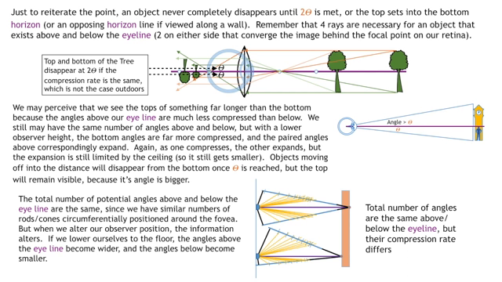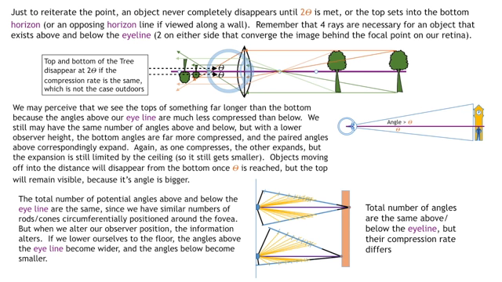So remember, you need 4 rays for an object that exists above and below the eye line. You need 2 on either side that converge the image behind the focal point on a retina. So within those 4 rays, you need 2 theta simultaneously to vanish an object, or you need 1 to be met, and then the other aspect of that object to set into that horizon line.